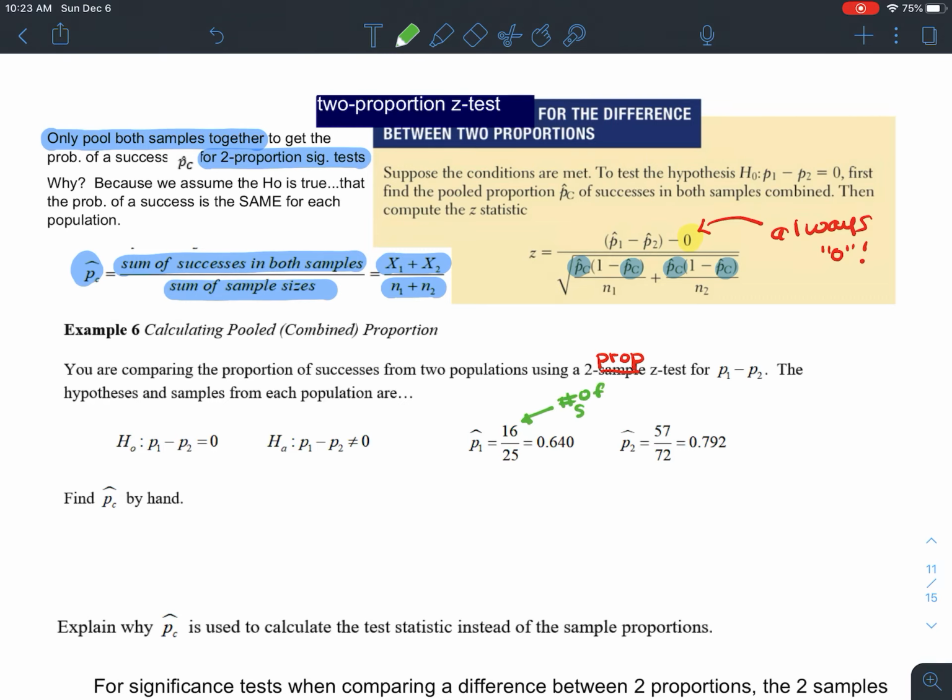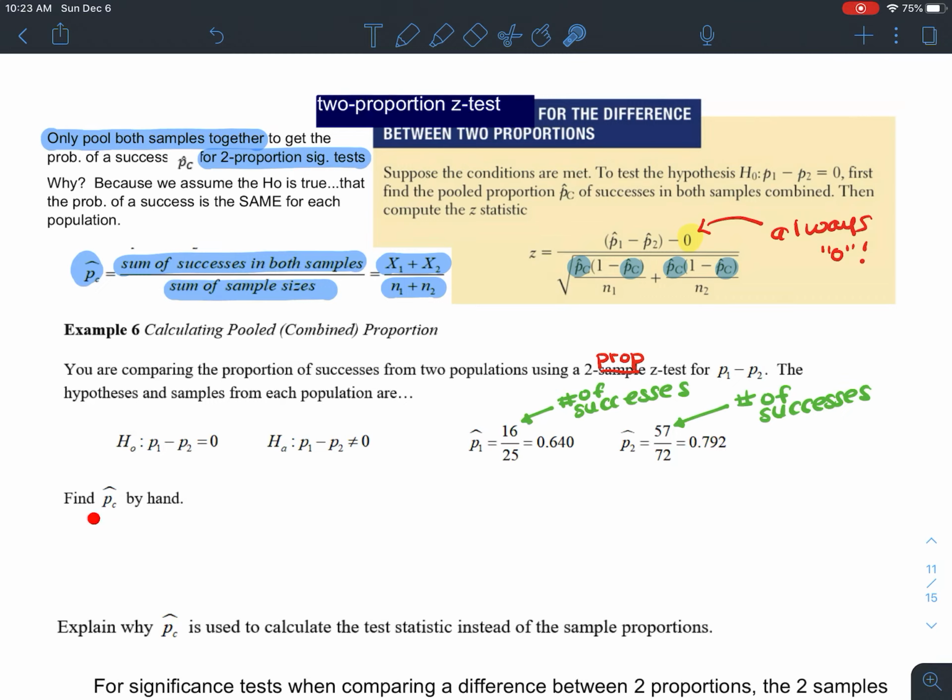Our sample size was 25. 16 represents the number of successes out of those 25. Gives us a sample proportion for the first population of 64%. When we did that from the second population, our sample size was 72. You can see that we got 57 successes out of those 72 for a sample proportion from our second population of 0.792.